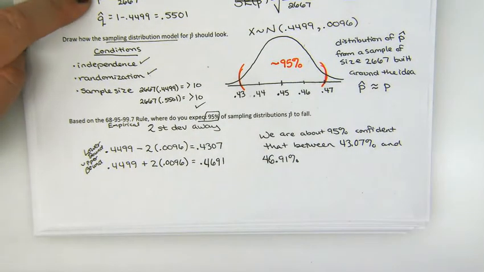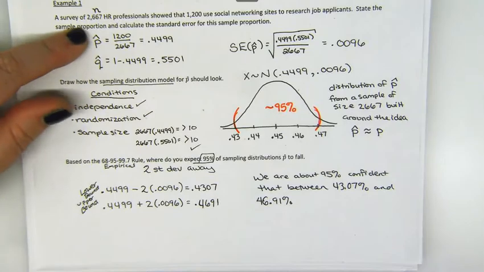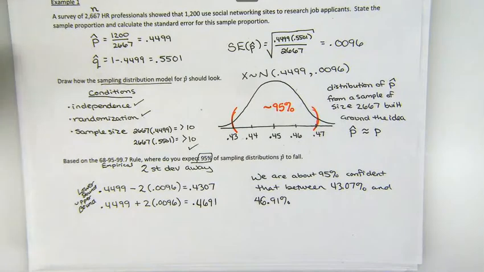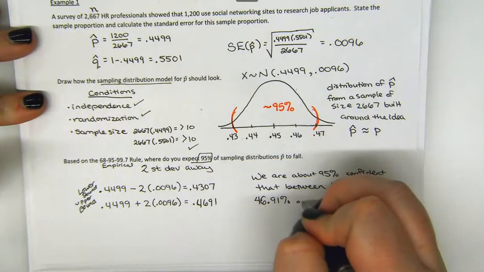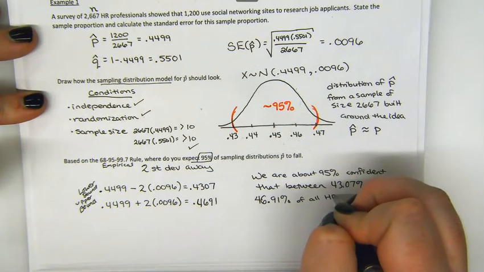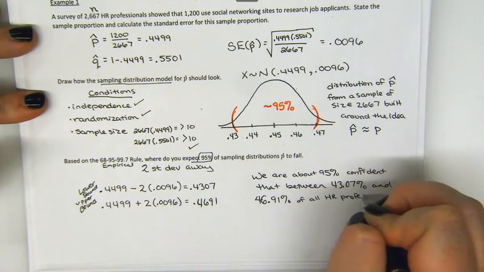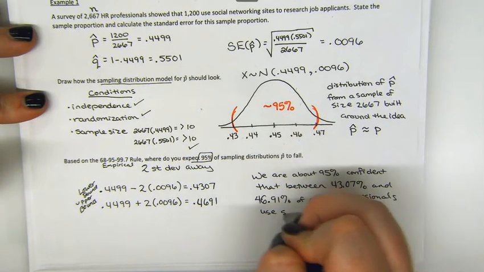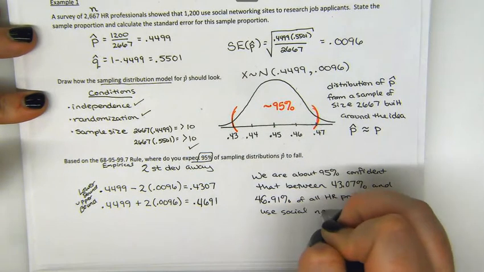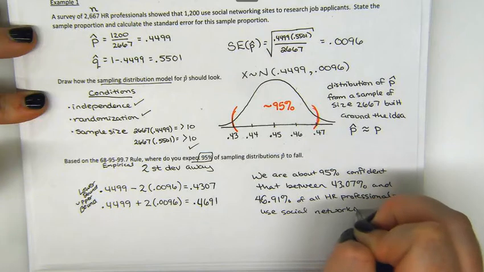So we were just looking at the sample of HR professionals. Now we can talk about all HR professionals. So between those percentages of all HR professionals use social networking sites to research job applicants.